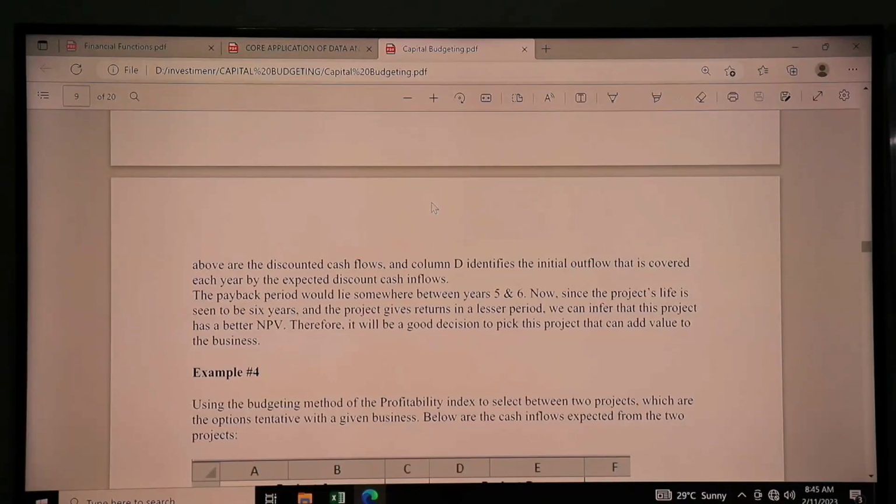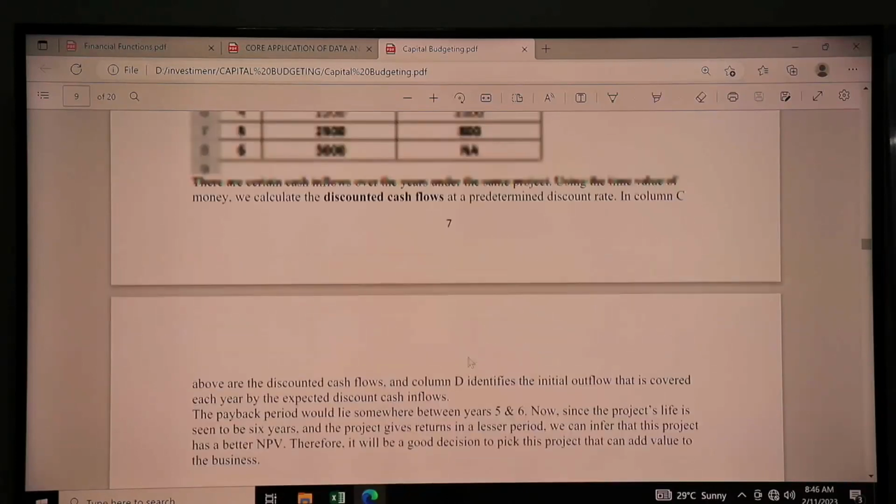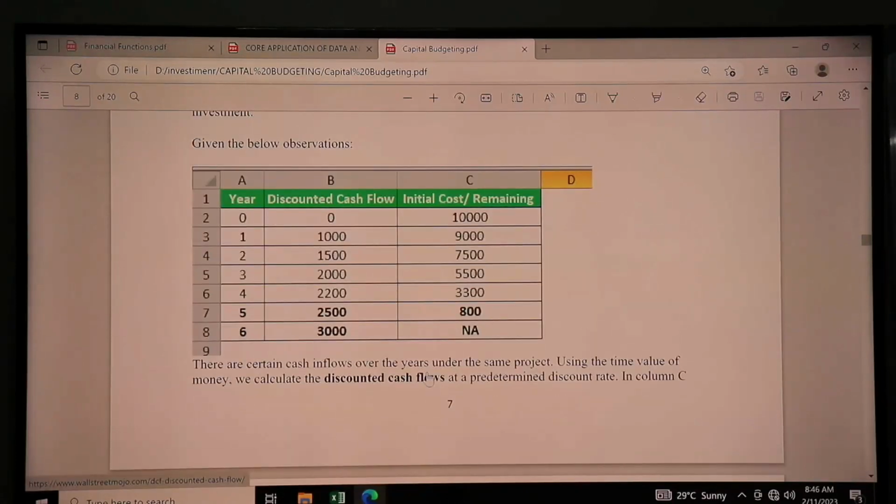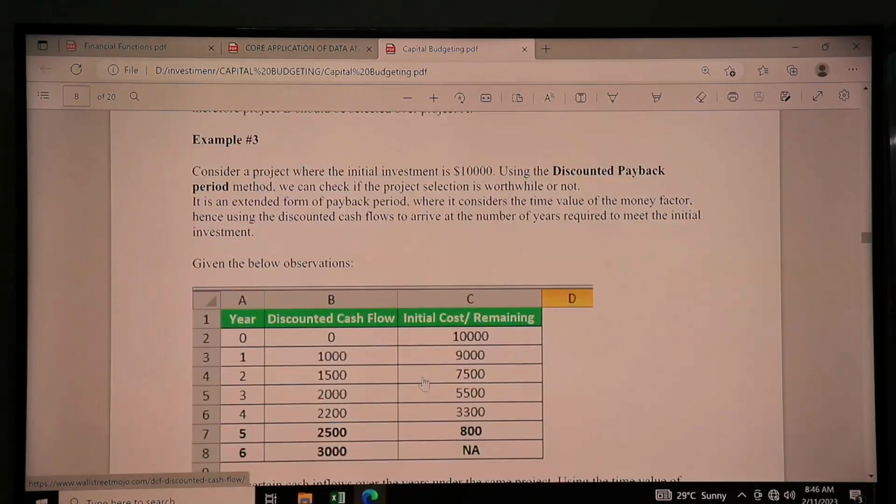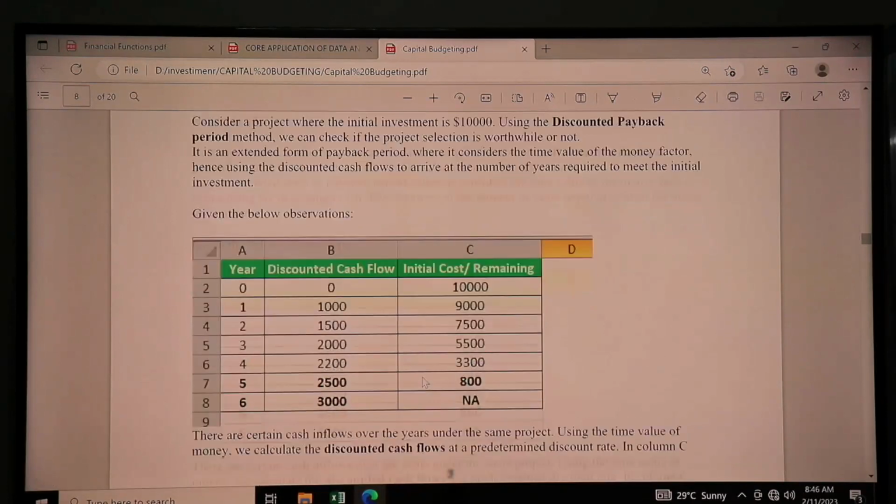Since the project life is 6 years, the project gives return in a lesser period. So we can say that this project has a better NPV. Therefore, it would be a good decision to pick this project that can add value to the business. That is another way of confirming whether the project is worth investing in, using the discounted cash flow, the discounted payback period.